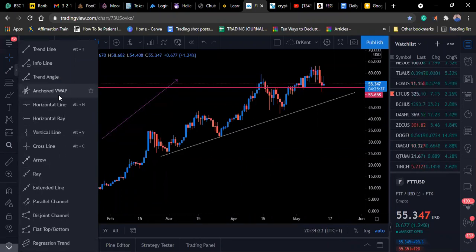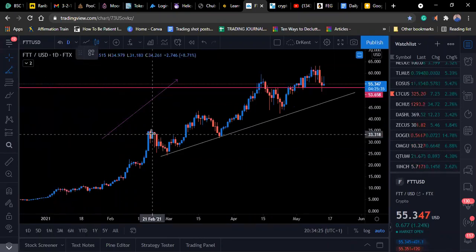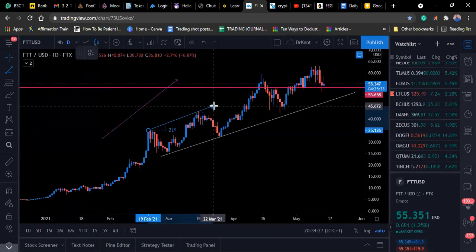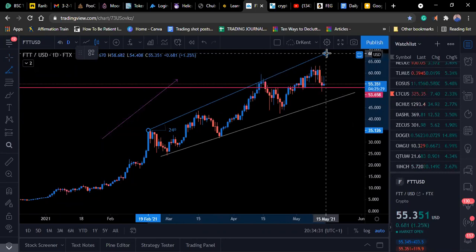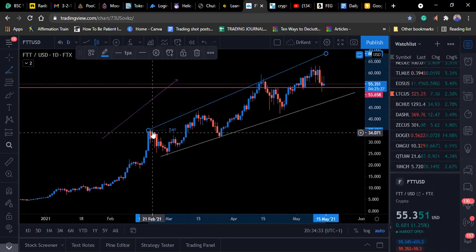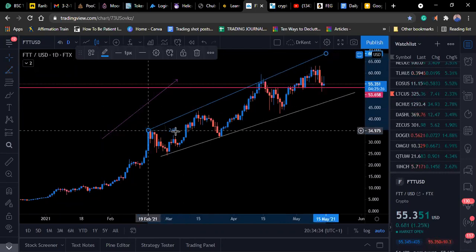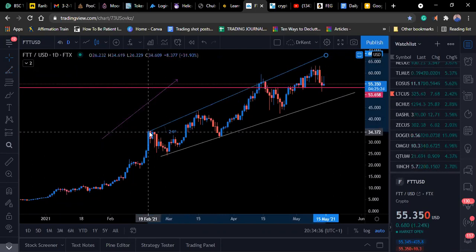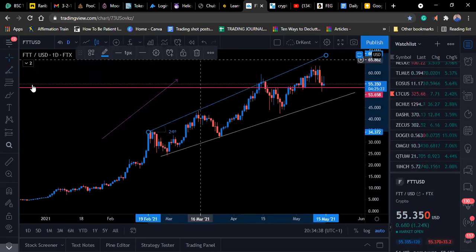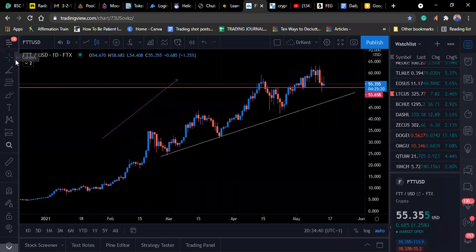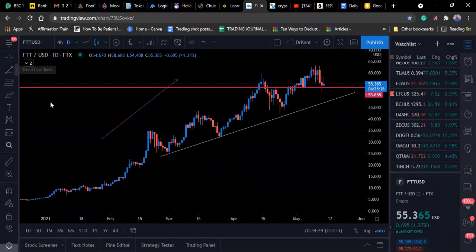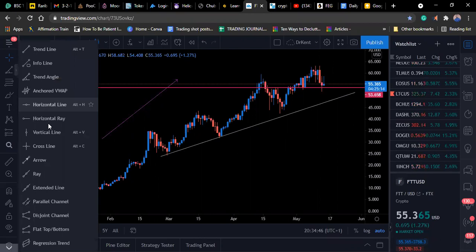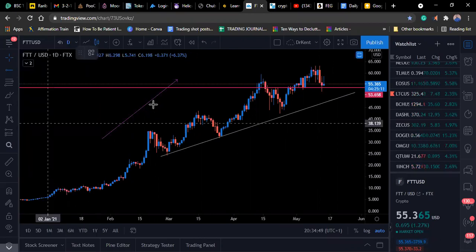You can decide to use a triangle, but this is a little bit advanced, so you might not have need for it. That's a triangle. It tells you the angle. Different traders use it for different things, but you don't need that. All you need to focus on is your horizontal line or ray. Horizontal ray is different from horizontal line.